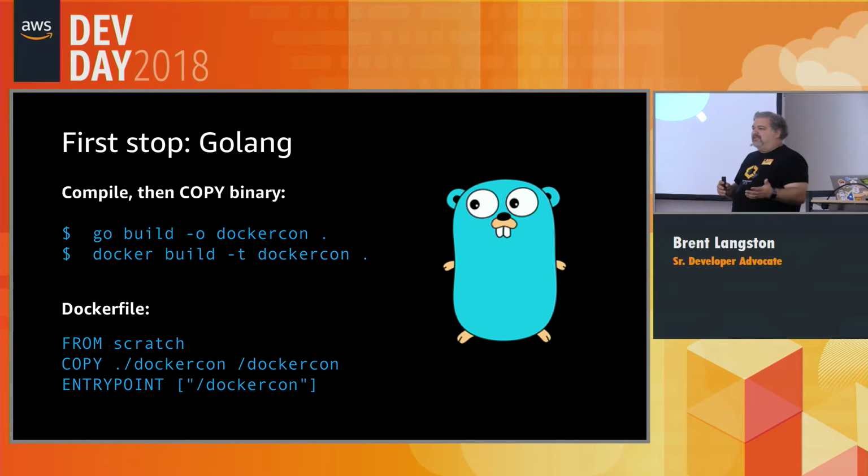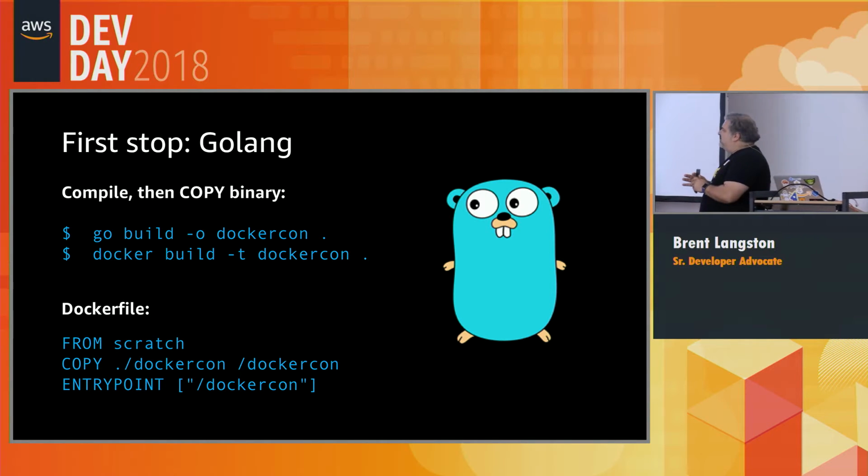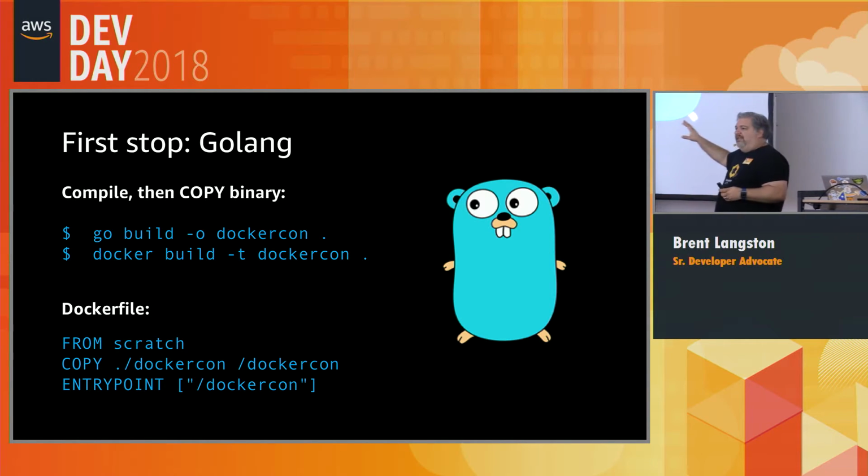You can build statically linked artifacts with C. You can build statically linked artifacts with Crystal. You can, for example, with Java, build a Java jar that has all of your dependencies put together. So these are all languages that you can take advantage of this style, but basically build, and then once you have your artifact built, copy it to a Scratch container.